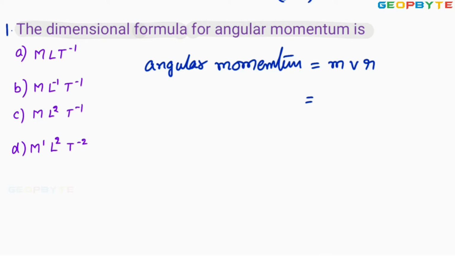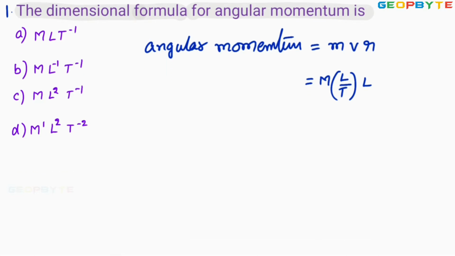Mass dimension is capital M, velocity is L by T, radius is the distance, dimension L. So you simplify this one: M L square T power minus 1. M L square T power minus 1 is the dimensional formula for angular momentum.